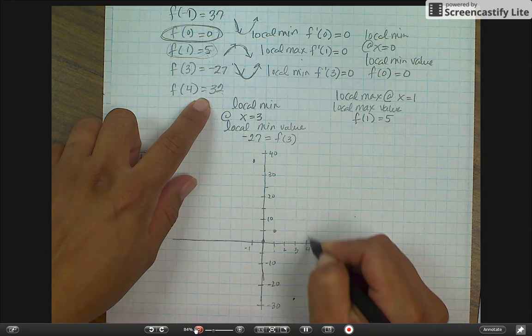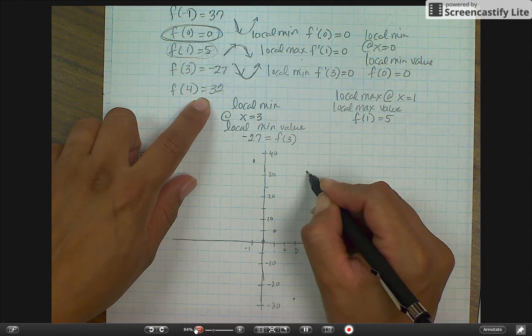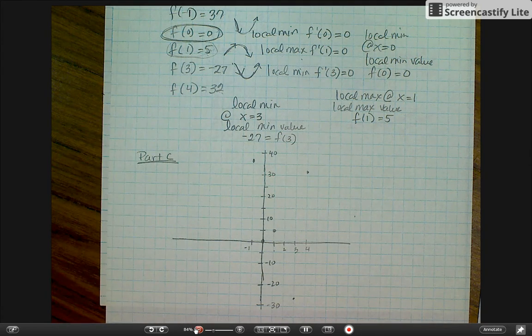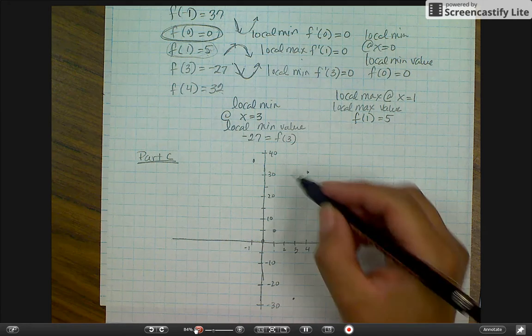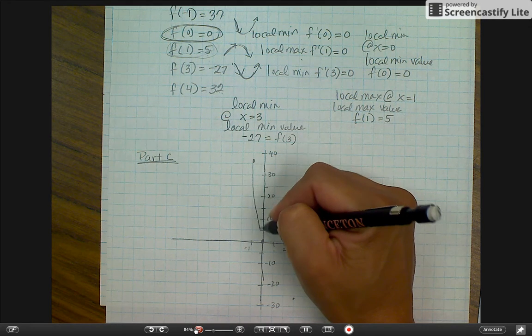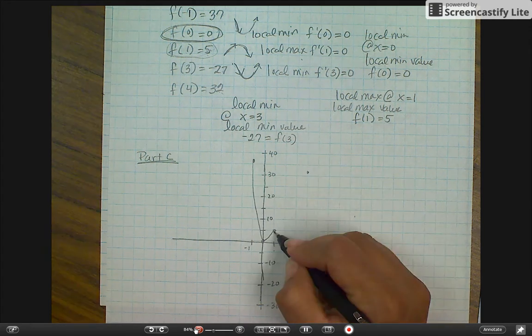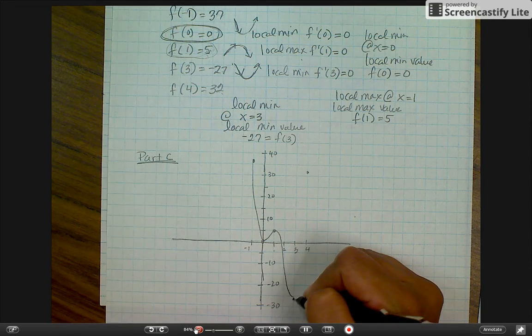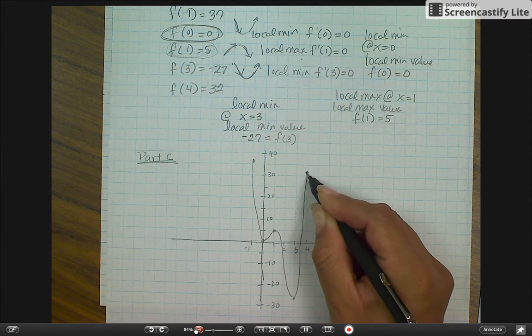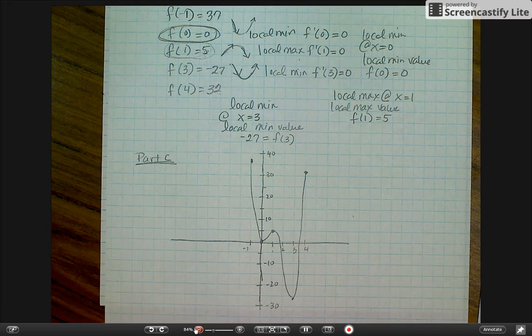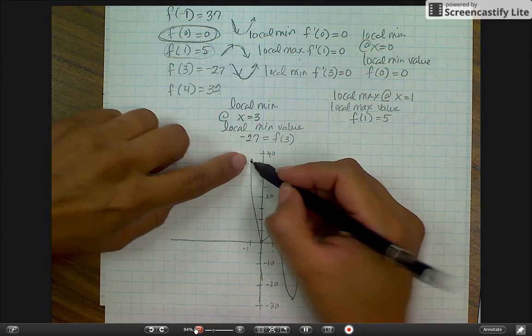And 4 is 32. And then I will try to connect this with a nice smooth curve. So I've got this and this and this and this. Okay, and we're doing a closed interval. That's why there are endpoints here.